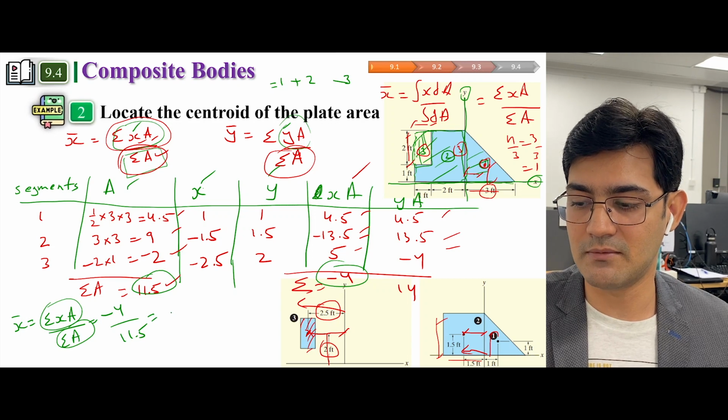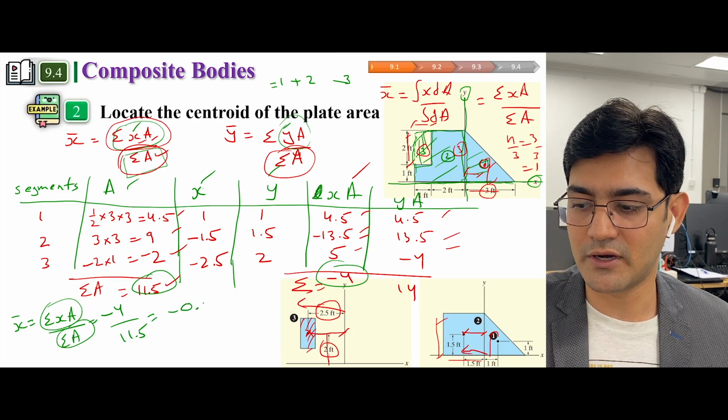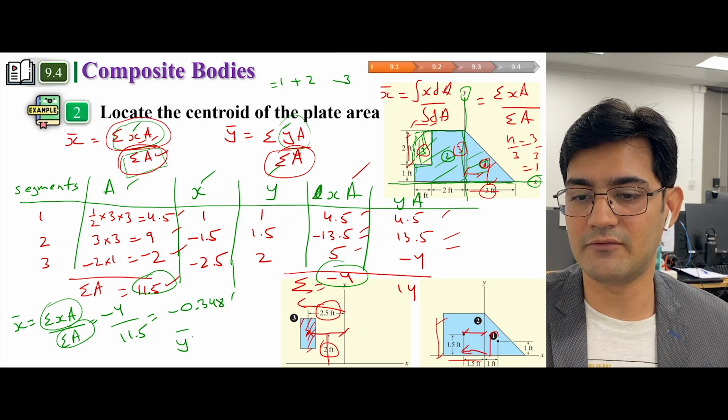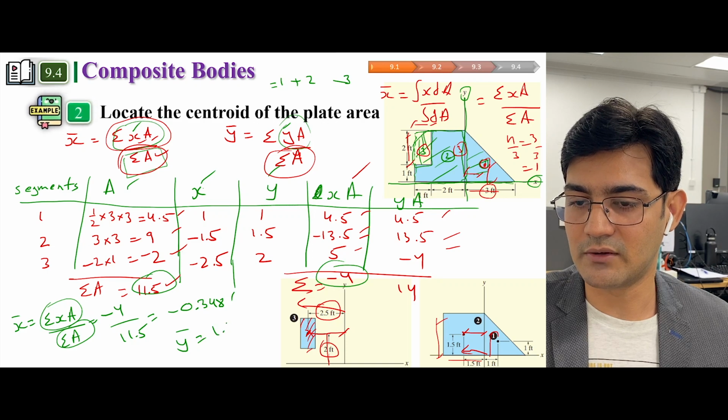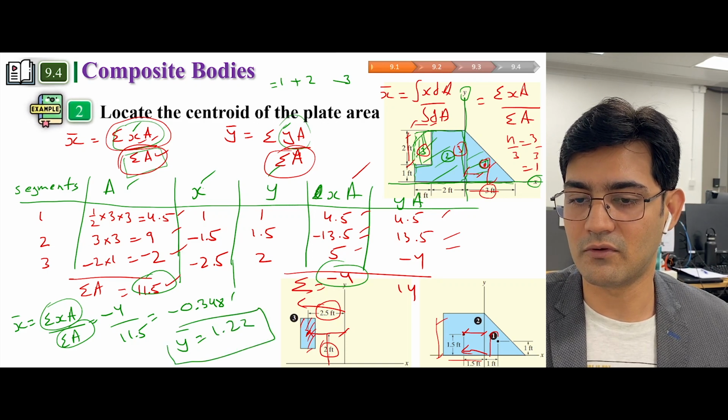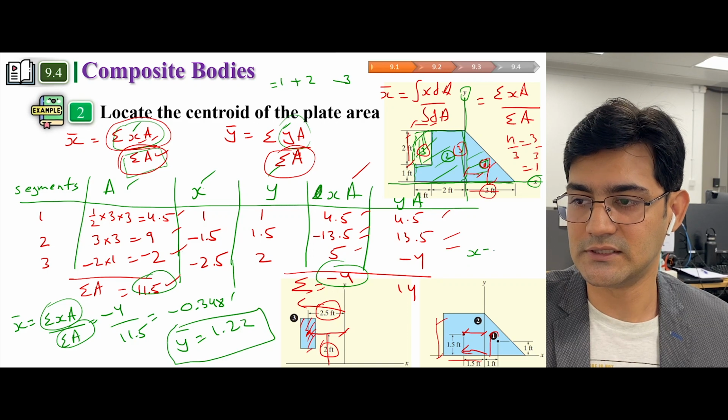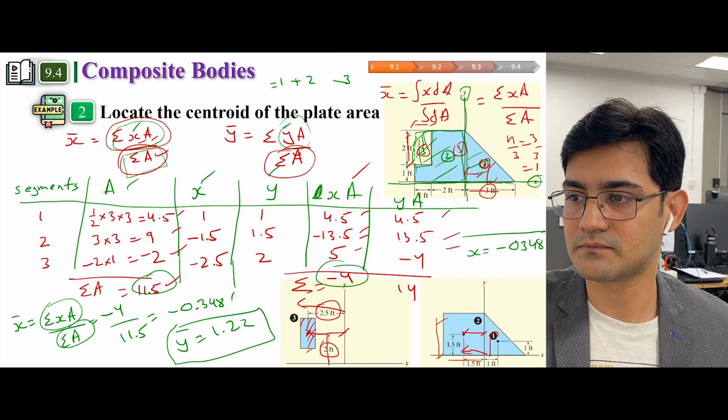So if you do the maths, you will get minus 0.348 feet. And similarly for y also, you will get 1.22 feet. And for x, we got minus 0.348.